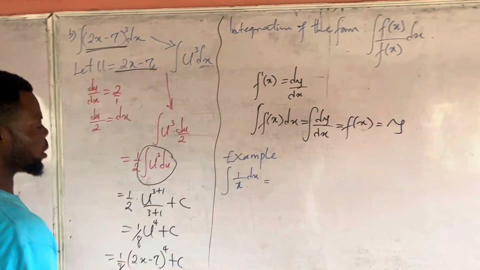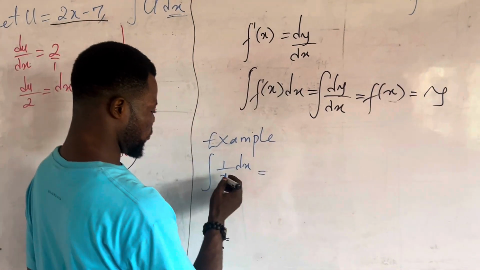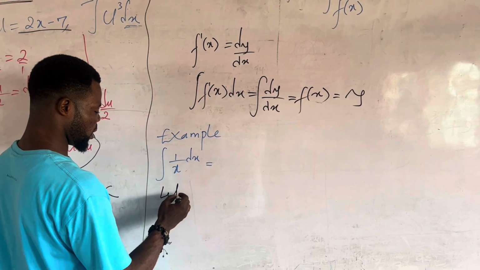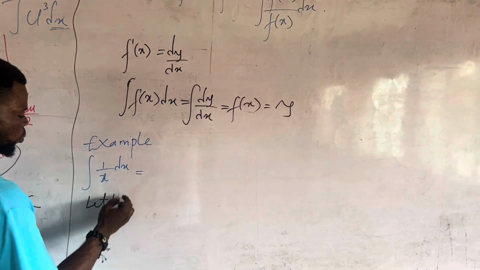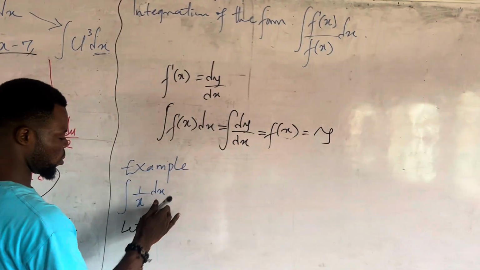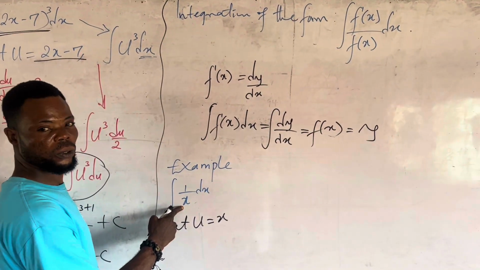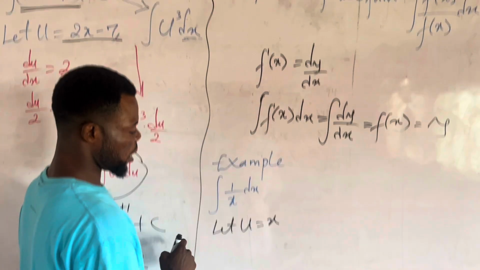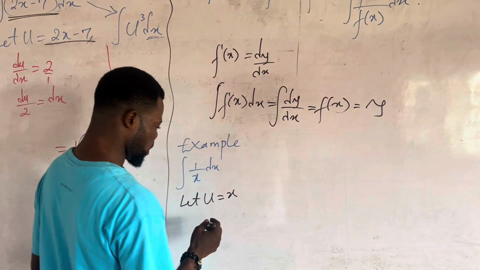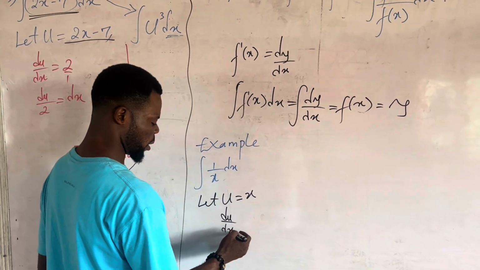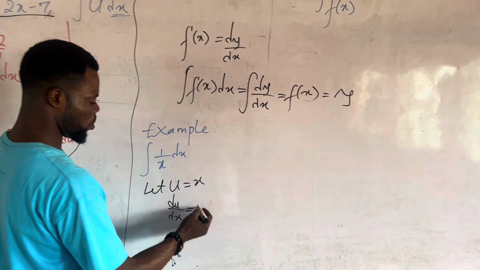So what I will do now is, let u be equal to x. If we differentiate u with respect to x, this will be 1.